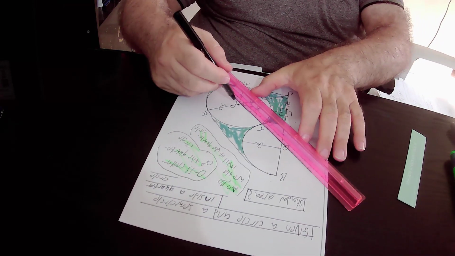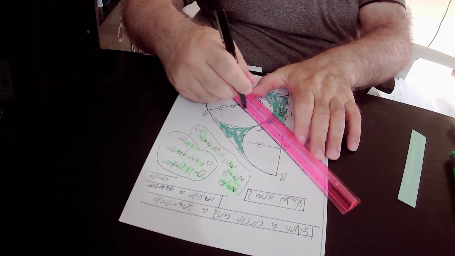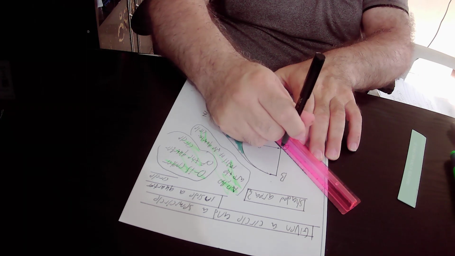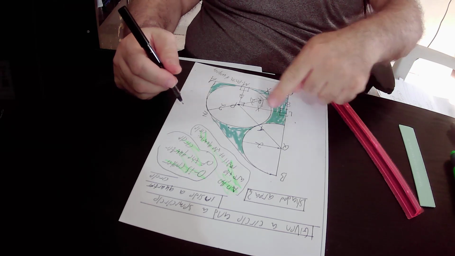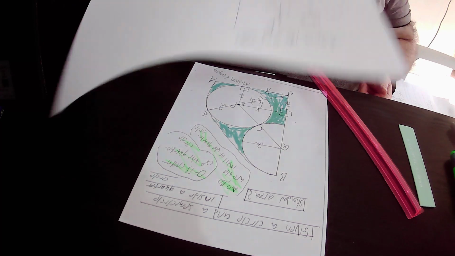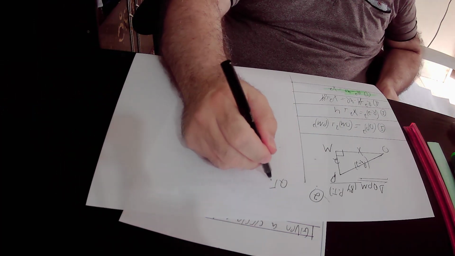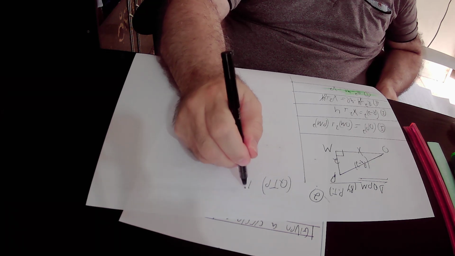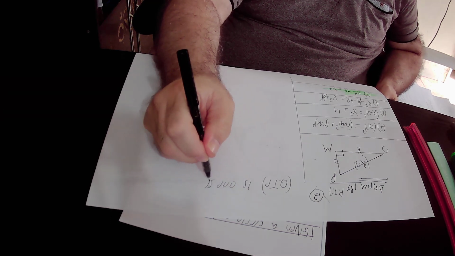So here we get that actually line segment QTP is one straight line.